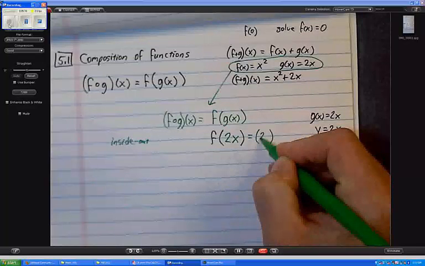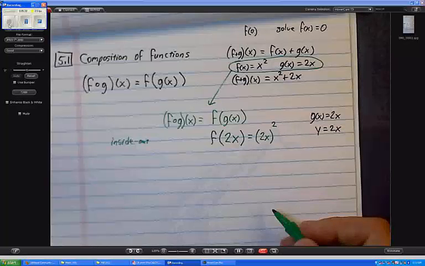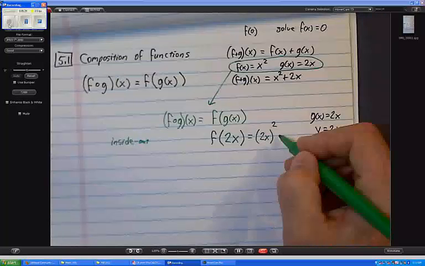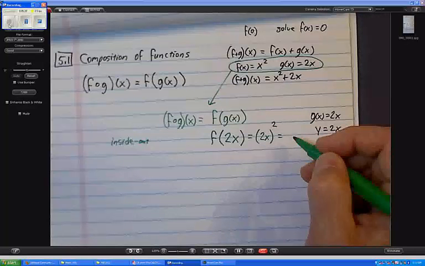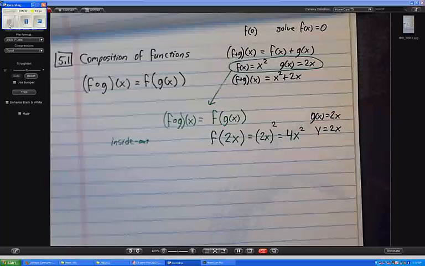I am squaring 2x. And so what do I get if I simplify? If we simplify, we're going to call that 4x squared. Okay? So f of g of x is 4x squared using this inside-out approach.